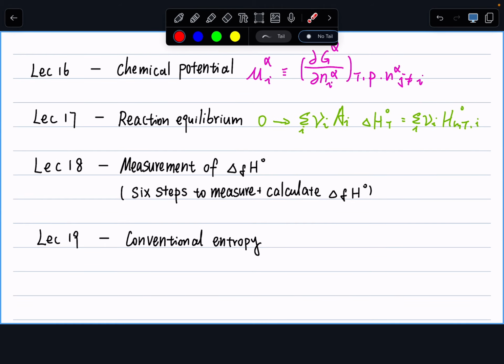In lecture 18, we discussed how scientists actually design experiments to measure the heat of formation. And in our last lecture, we went over conventional entropy.